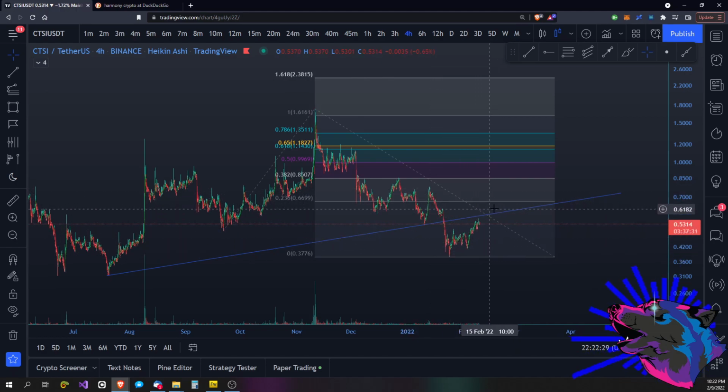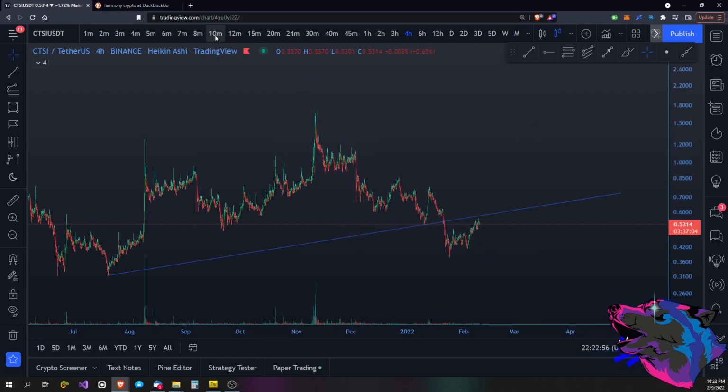Now we're coming back up, and in this case specifically, first I'd be checking when we get back to this trend line here to see if we get rejected. If we go through, then I'm definitely going to be looking for either some consolidation or a pullback once we get around this 236 line.